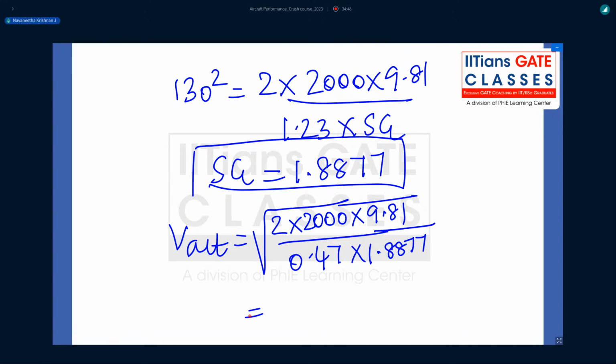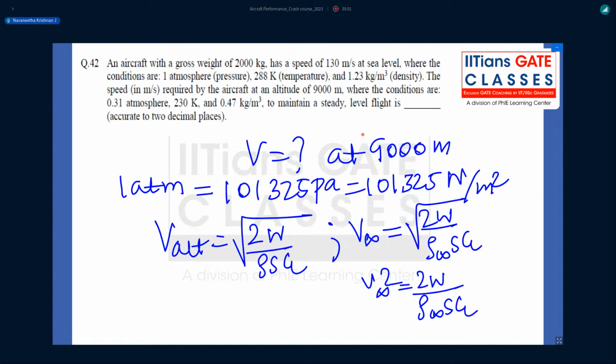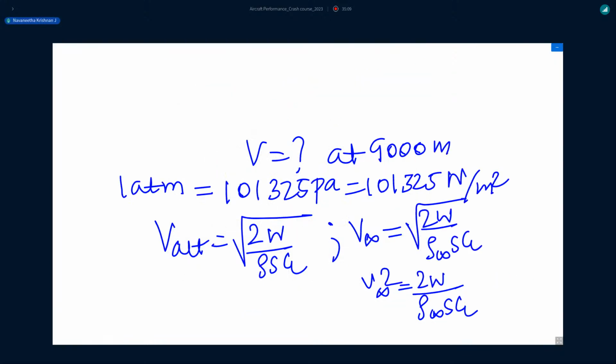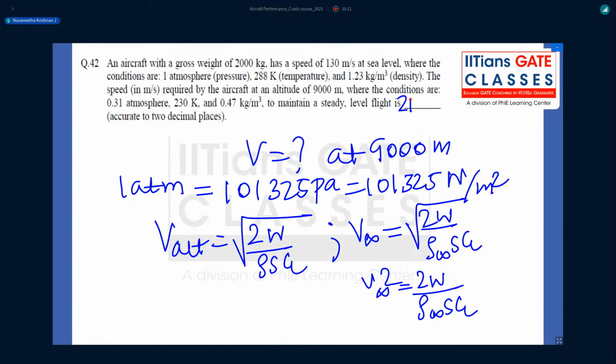So we get velocity at that altitude as 210.305 meter per second. If I round off to two decimal places, I can write it as 210.31 meter per second. Okay. It is 210.31 meter per second.